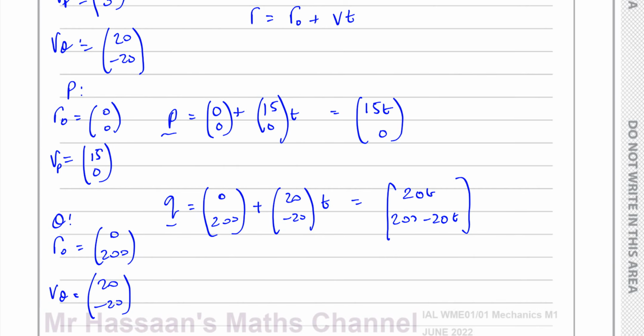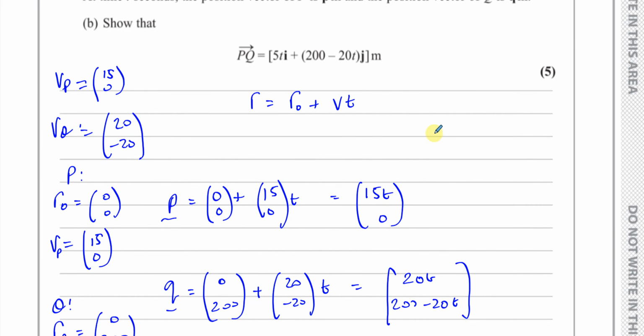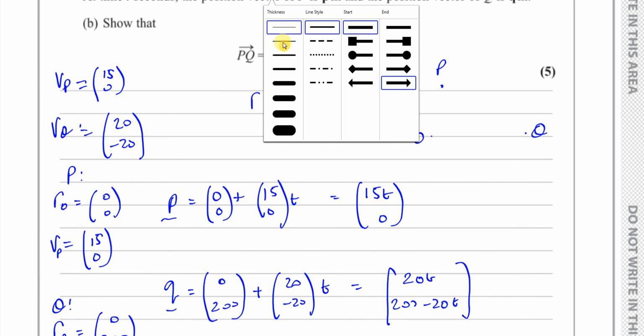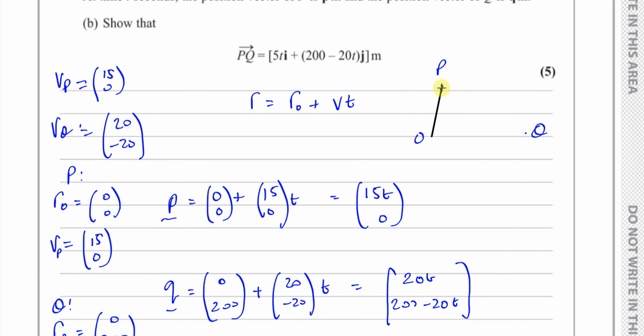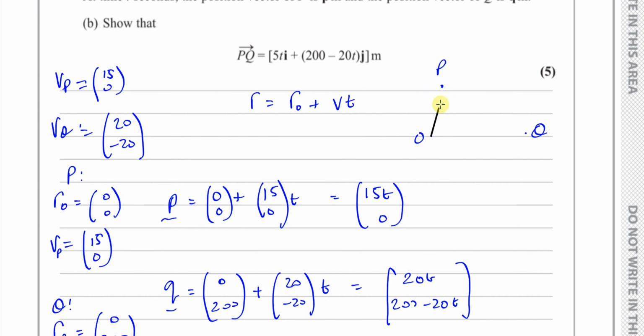All right, so we've got to find the vector from P to Q. Say this is the origin O, this is P and this is Q. We have the position vector of P and the position vector of Q, which are the vectors I've just found.